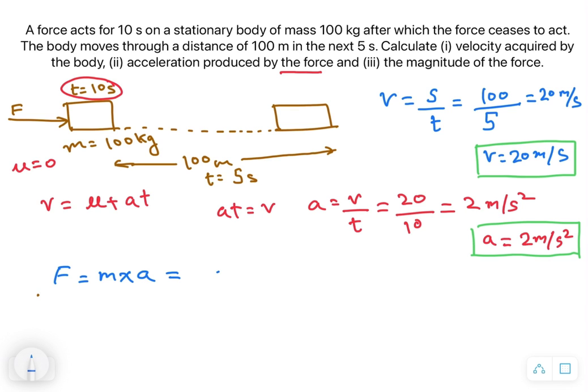Here the mass is 100 kilograms and acceleration we just calculated, it is 2 meters per second square. So on substituting the values and multiplying, we'll get F equal to 200 newtons. So F is equal to 200 newtons.